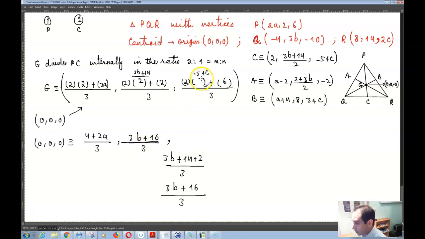And over here you would have negative 10 plus 2c plus 6 over 3, which is negative 4 plus 2c over 3.